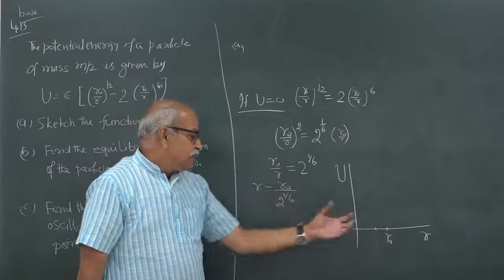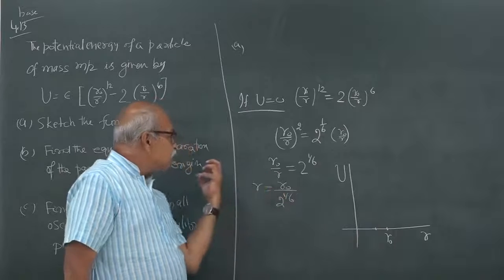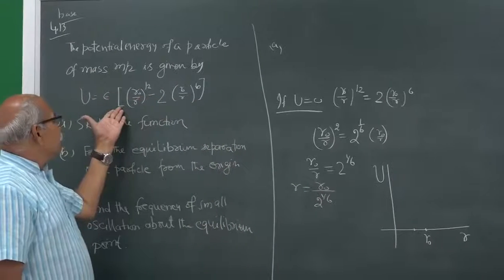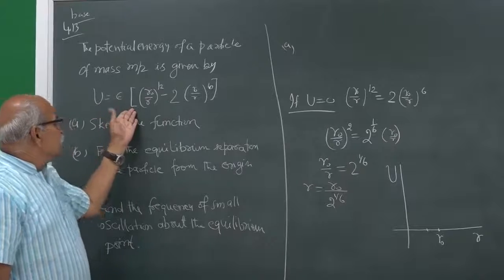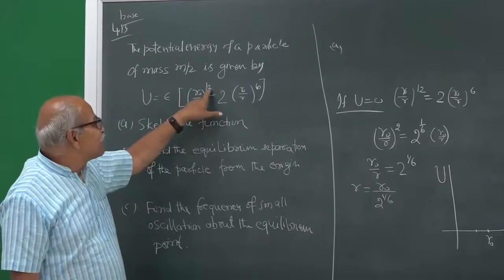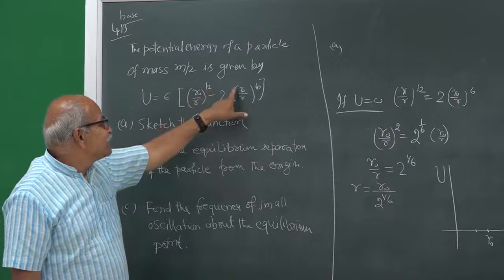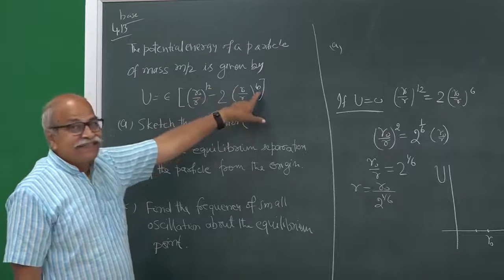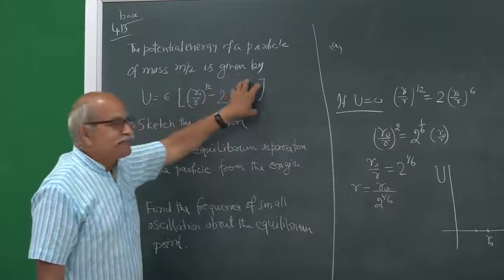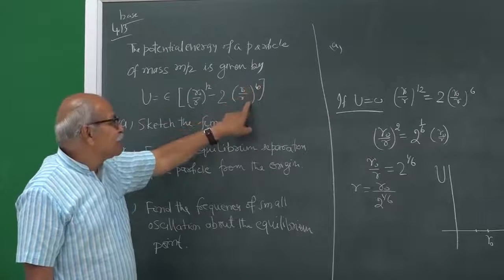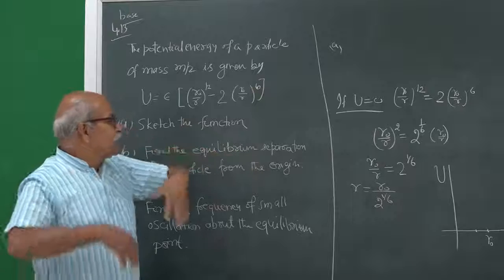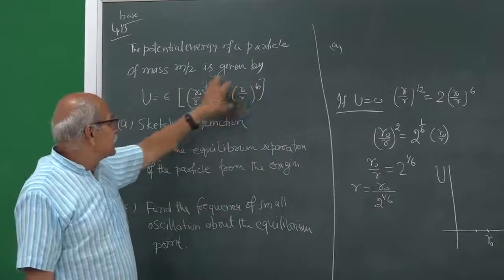Now, what happens if r is very small? You have 1 by r to the power 12, which is very large, and 1 by r to the power 6, which is also very large, but this term is the square of that one, so it becomes much larger.